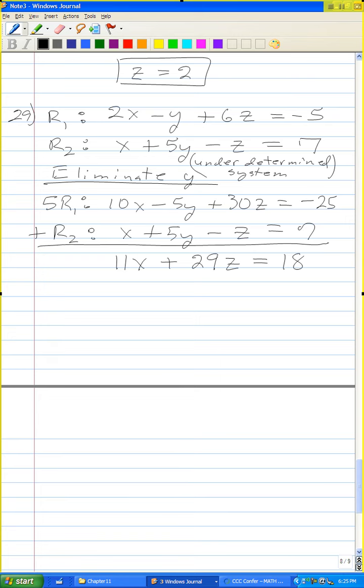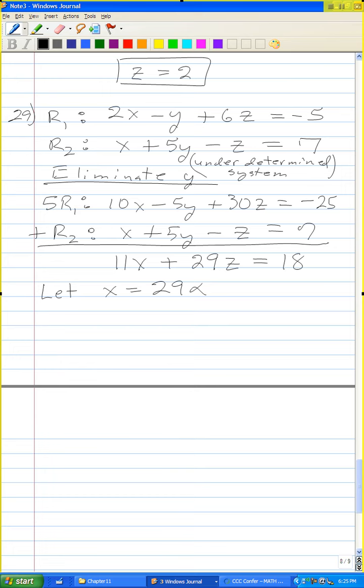So now let's write this in terms of some sort of variable. This will actually be a one parameter family of solutions. And so let x equal, I can call it any variable I want.